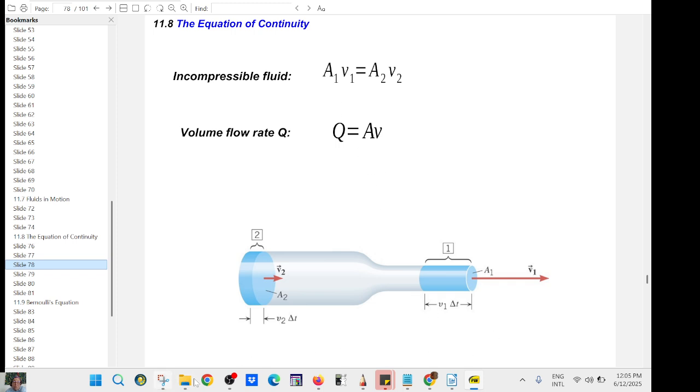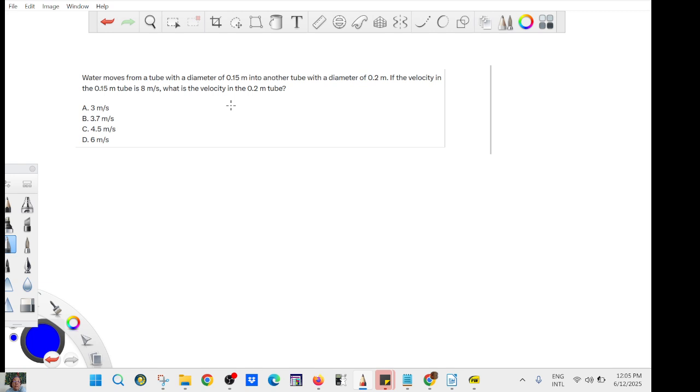Okay, so in that case, if I want to go faster, I can say area 1 V1 equals area 2 V2. But area, of course, will be pi times the diameter over 2 squared. But because you still have pi on both sides, you're going to have 1 over 4 on both sides. I'm just going to write the diameter squared.